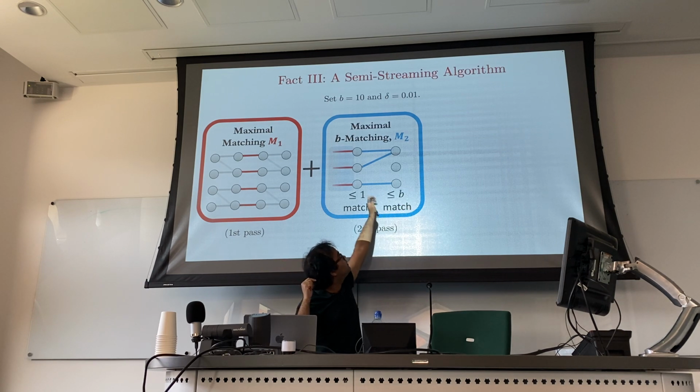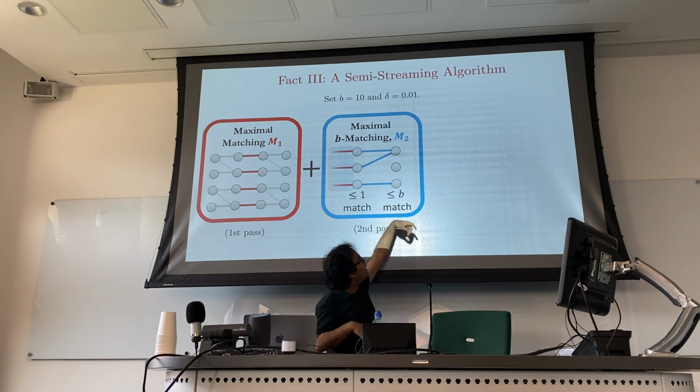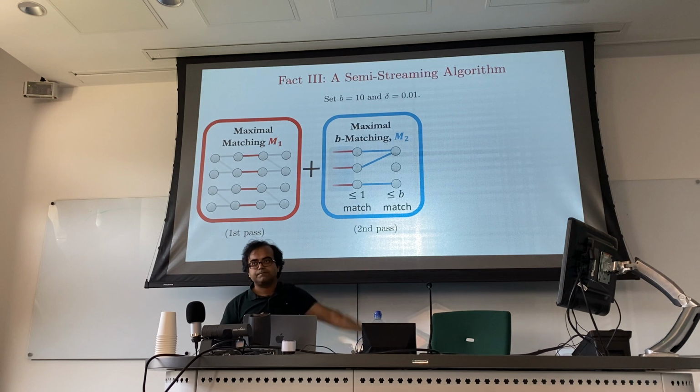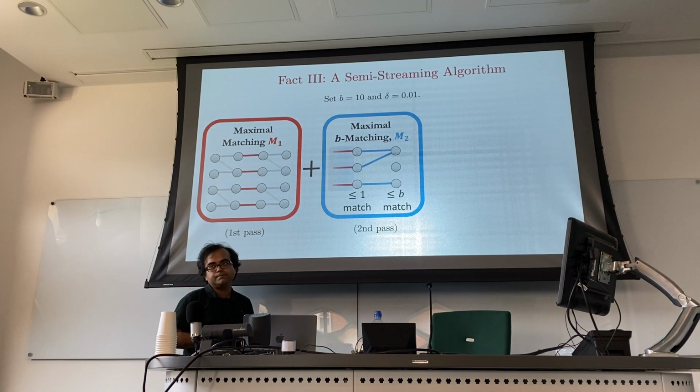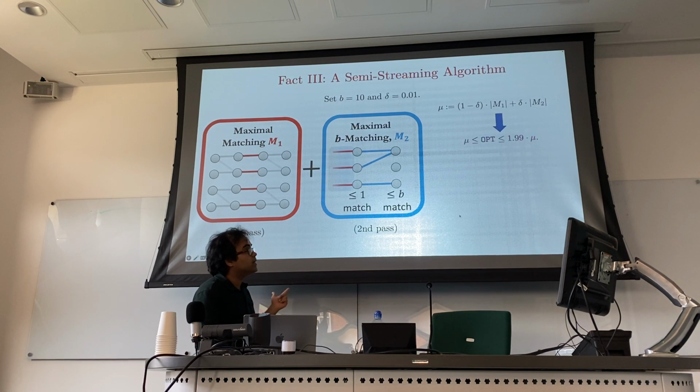And when we are saying B-matching, it just means a node here can be matched B times, whereas a node here can be matched only once. So in the second round, you just compute a maximal B-matching. And now you take a convex combination of the sizes of these two matchings depending on delta. And this actually would give you better than 2 approximation.